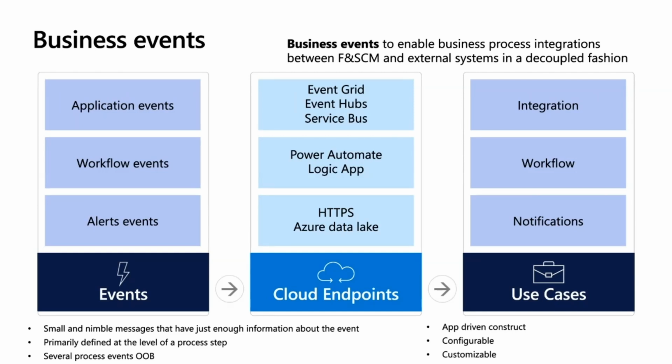A few key things about business events: they are small and nimble messages. They contain just enough information about the event which occurred in the application. They are not huge messages with all the records. Then this is configurable, customizable business events, and we will touch on this in our next slides.